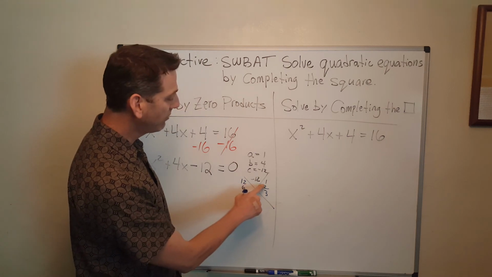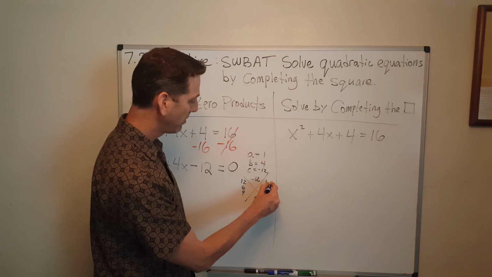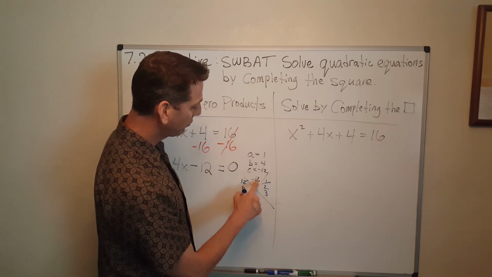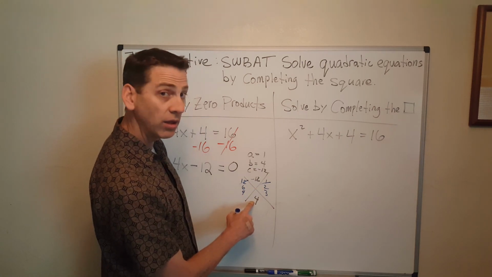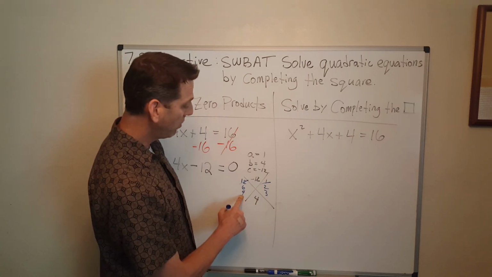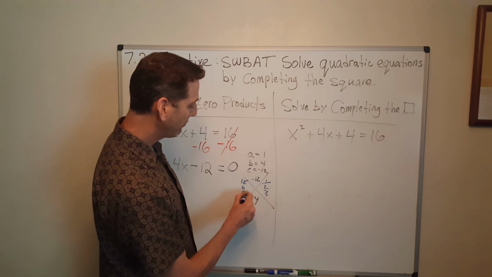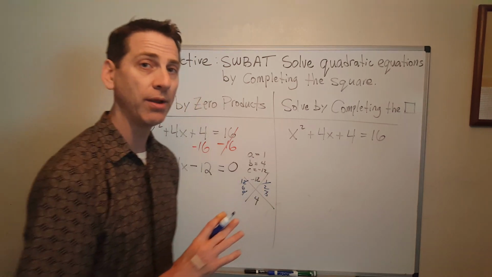Okay, 12 times 1 is 12, but 12 minus 1 is 11. That's not going to work, right? 6 times 2 is 12. 6 minus 2 is 4. Ooh. 4 minus 3 is 1. 4 plus 3 is 7. So 3 and 4 won't work. So it looks like 6 and 2 are the two numbers that I want.